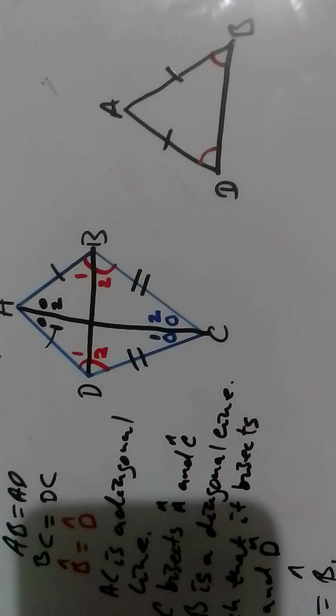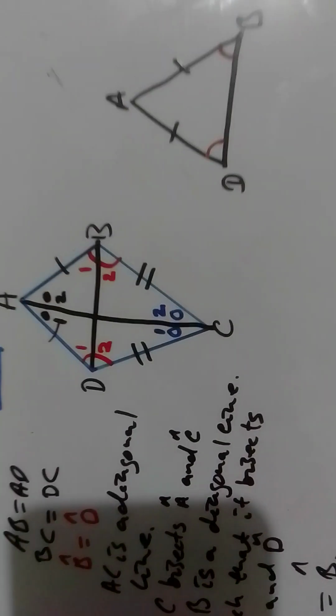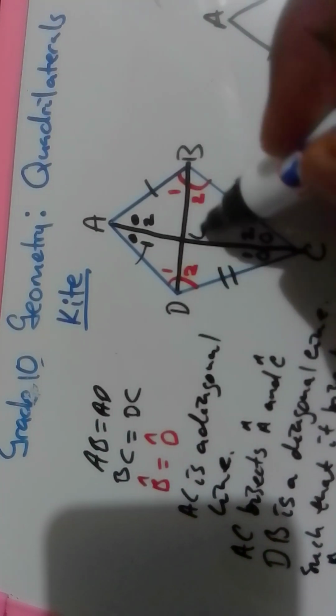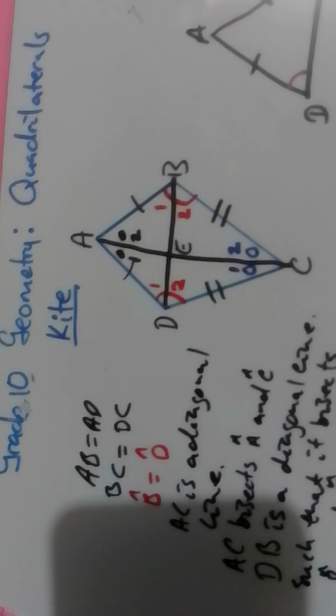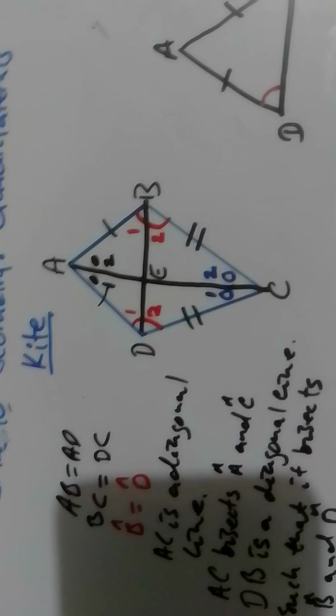Alright, what I'm not going to do, I'm not going to include this line here, whereby, remember, where diagonal line DB and AC are meeting, where these two diagonal lines are meeting, this is what we call a midpoint. Actually it's point E. Yes, it's a midpoint for line DB.